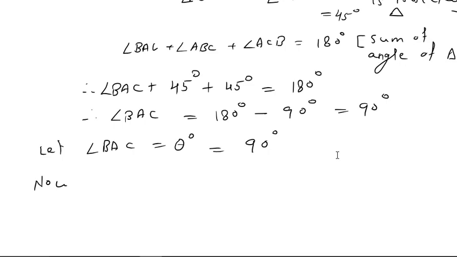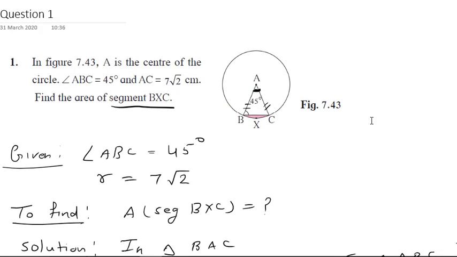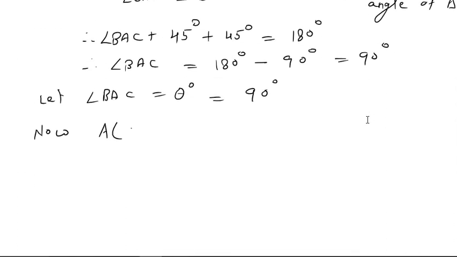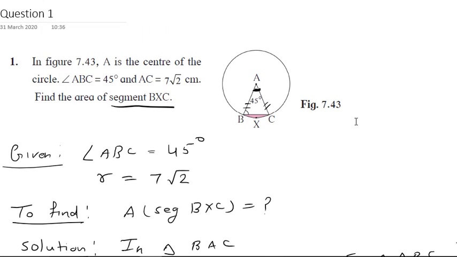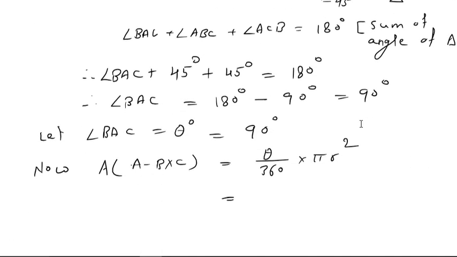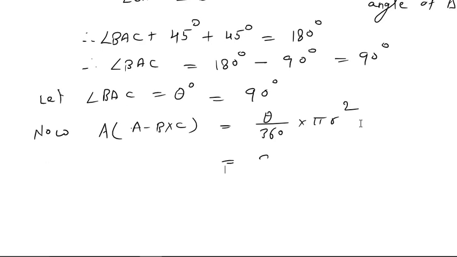Now area of sector ABXC, the formula is theta upon 360 into pi r square. So let us see if they have given some value for pi. Nothing they have given. So I will say theta is 90 degree. So it is 90 divided by 360 into value of pi I will take 22 upon 7, and radius is 7 root 2.